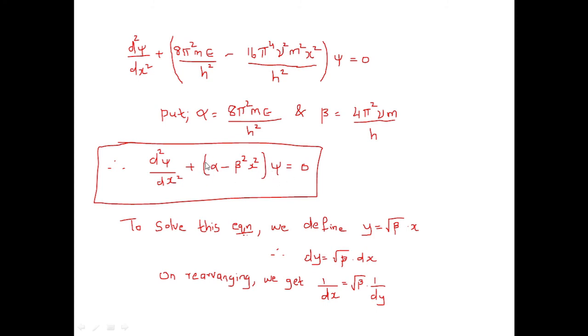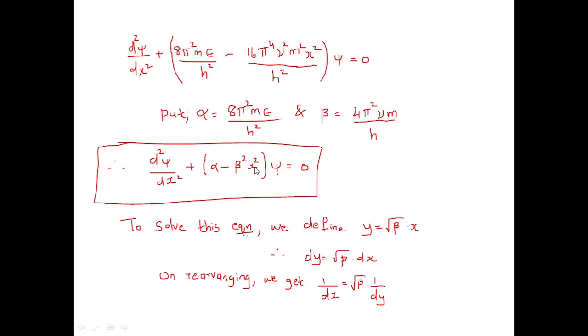Now we have to solve this equation. This equation cannot be directly solved. Therefore, in order to solve it, we will transform this equation into a new variable, that is y. Here the variable is x, because the wave function changes with x.